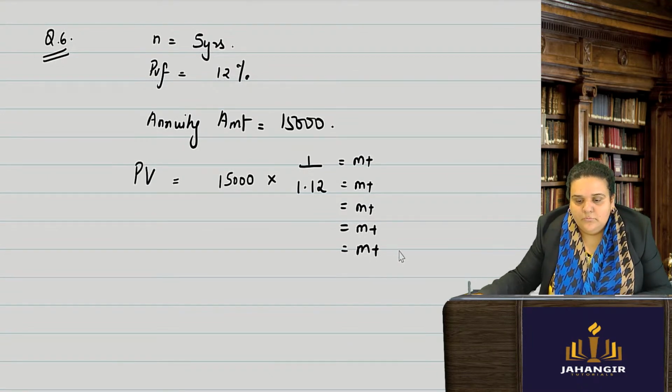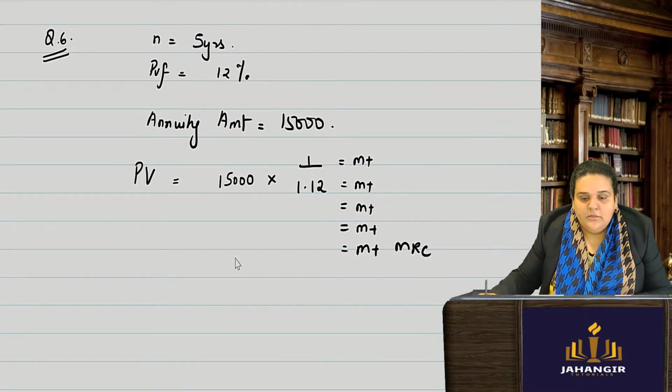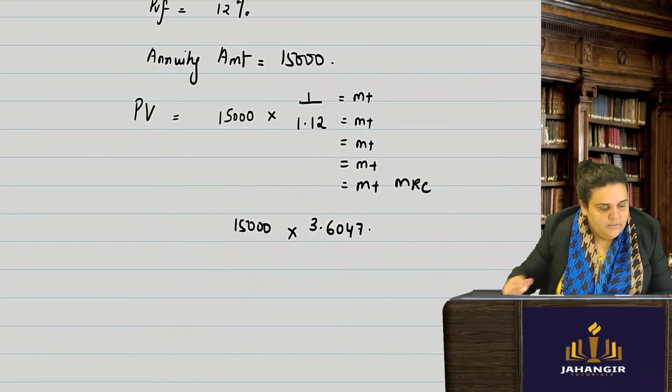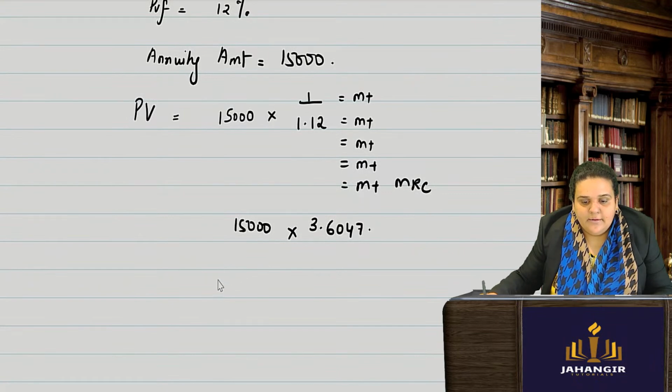MRC. That will come as 3.6047. Multiply that by 15,000. I will get 54,070.